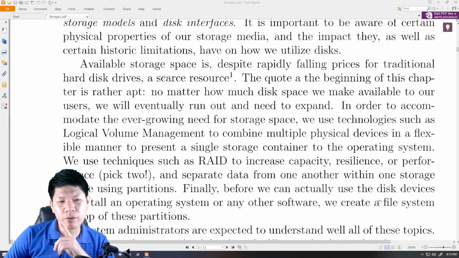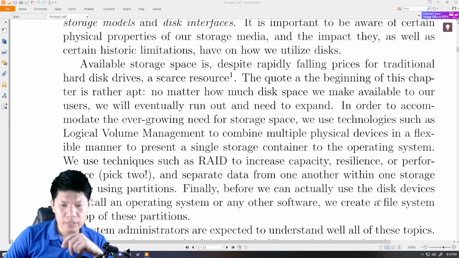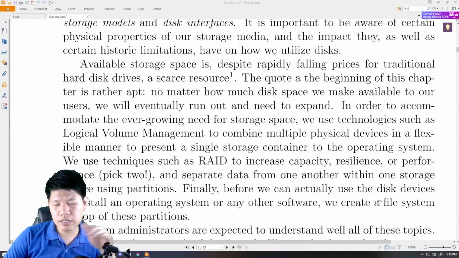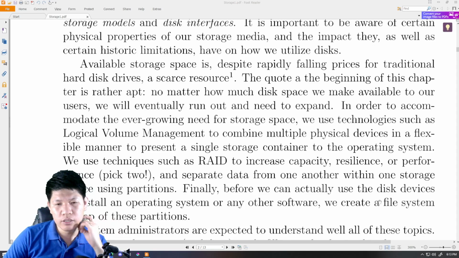But in the concept of logical volume management, which is the concept of RAID, redundant array of inexpensive disks, a series of hard drives is attached to a single PCI or PCIe expansion slot, what we call SCSI.